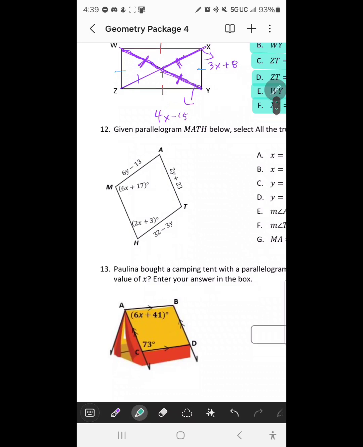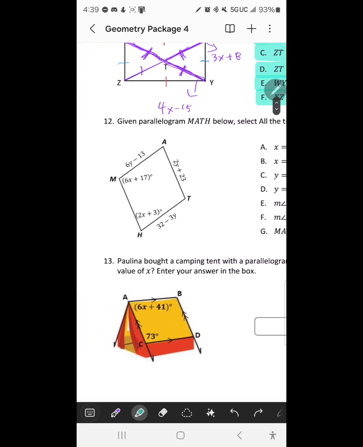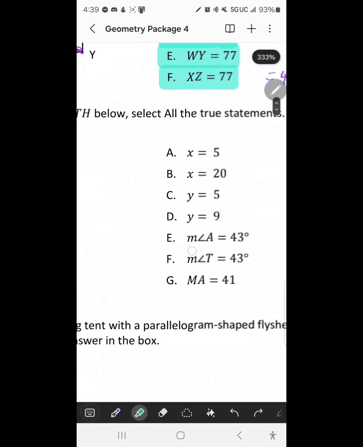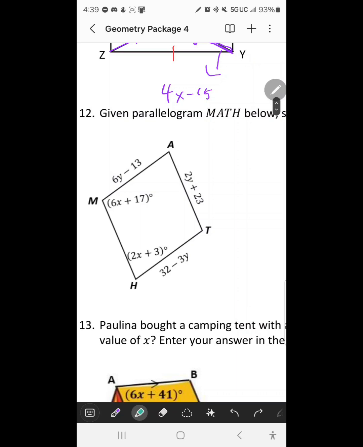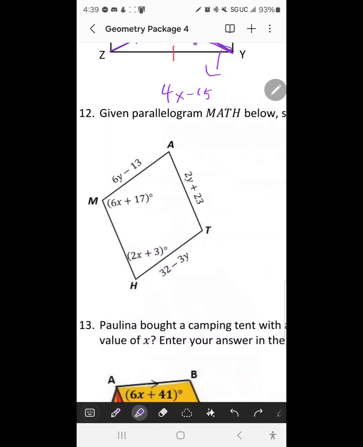Now let's do 12. Given parallelogram MATH, funny name, select all the three statements, more or less the same. For the parallelogram, they are talking about the angles here, so let's look at that. What we have is that the opposite sides are equal and parallel. So this side is going to be equal to this side, and they are going to be parallel.